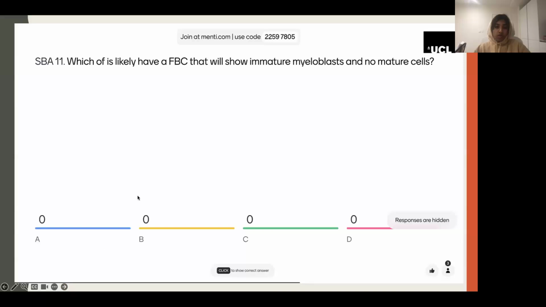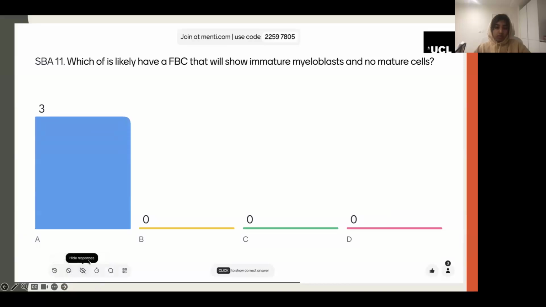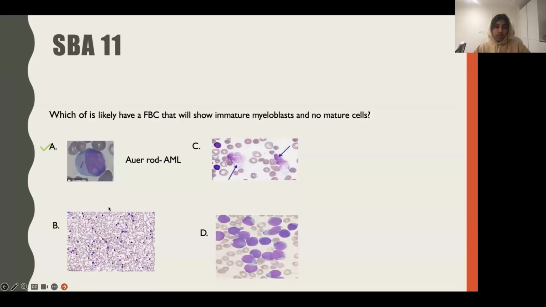Let's see what people are putting. People said A. Well done. Yeah, so our answer is AML. And of course, AML is immature myeloblasts and no mature cells.